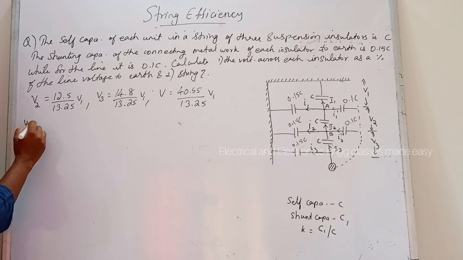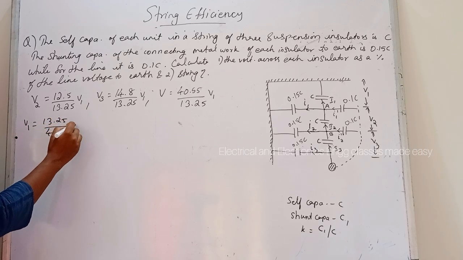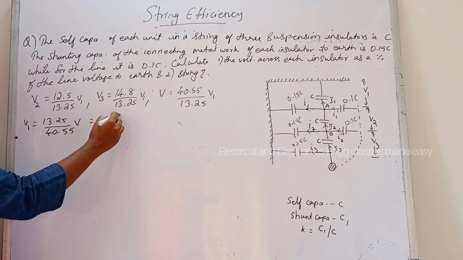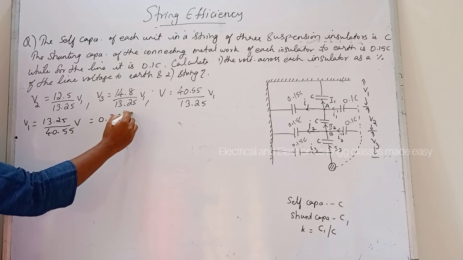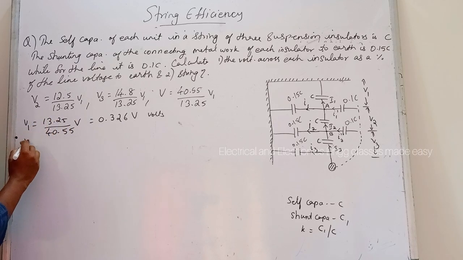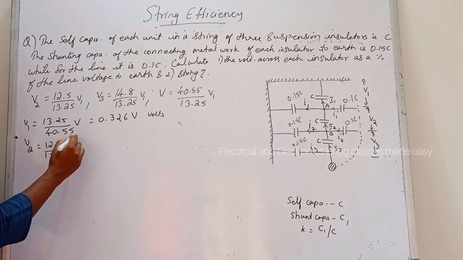So V1 is equal to 13.25 divided by 40.55 V, and that is equal to 0.326 V volts. Then what is V2? So V2 is equal to, substitute the value of V1 here, that is 12.5 divided by 13.25 into V1.